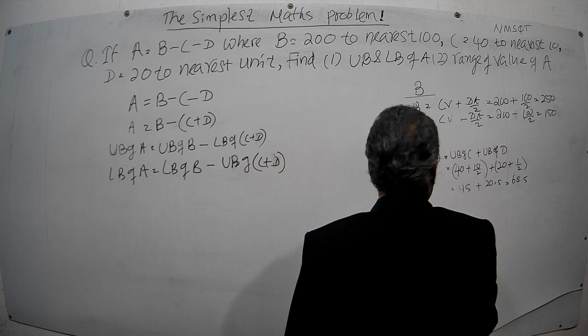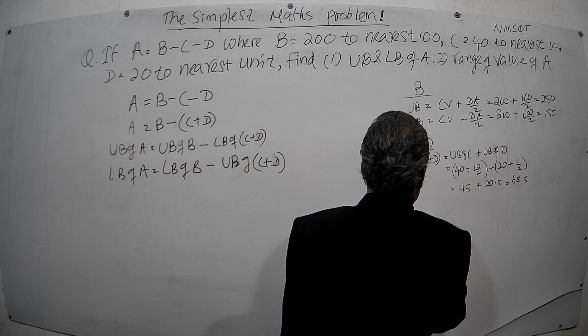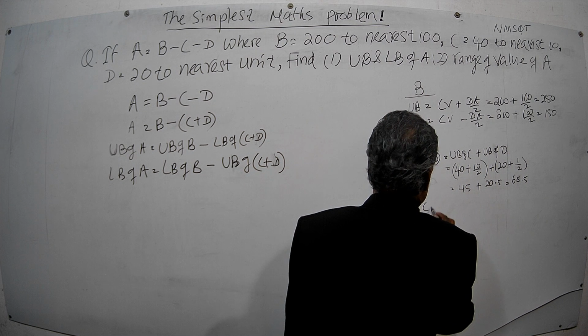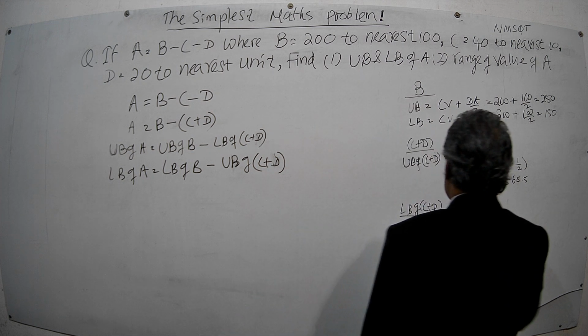Then go to the lower bound of C plus D. What is the formula?